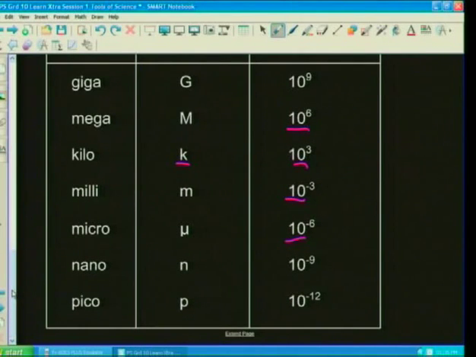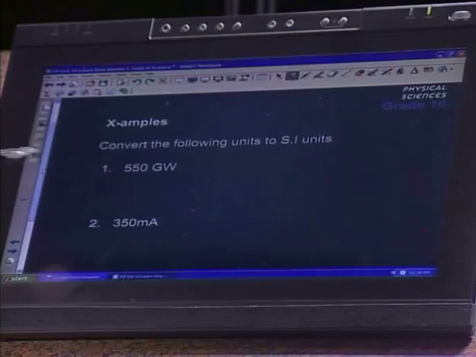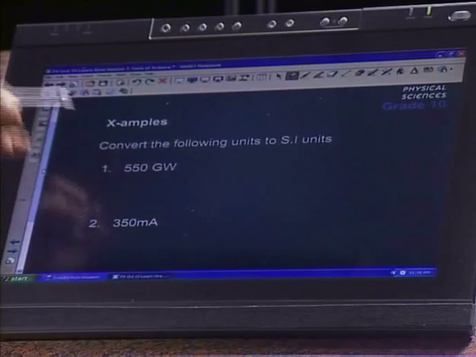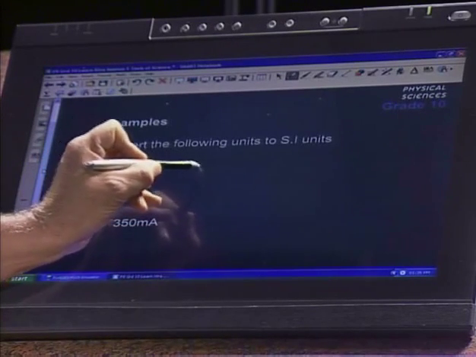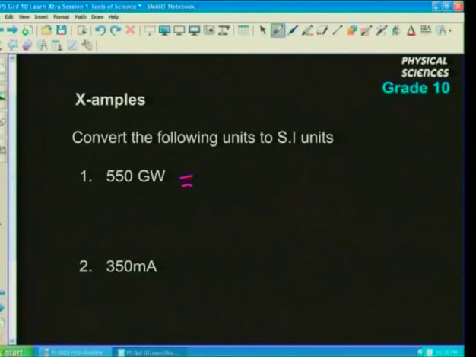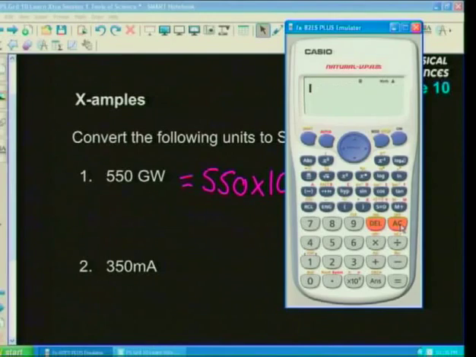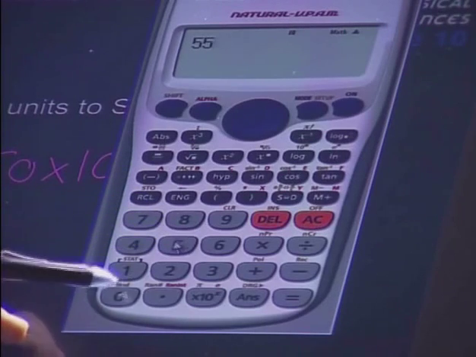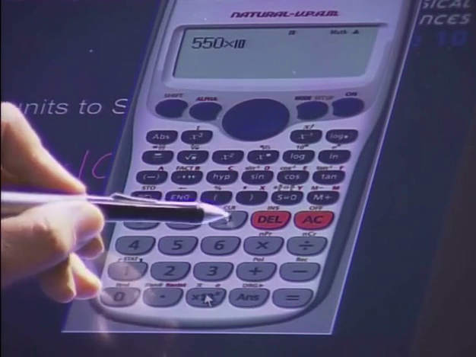Let's have some practice at looking at some examples of converting units. And here we go. If I'm given 550 gigawatts, how many watts is that? Watts is a unit of power. This is how I do it. I say 550 times, now giga was 10 to the 9. Okay, so I'm going to write that onto the calculator. Let's just clear what we've got there. I've got 550 exponent 9.